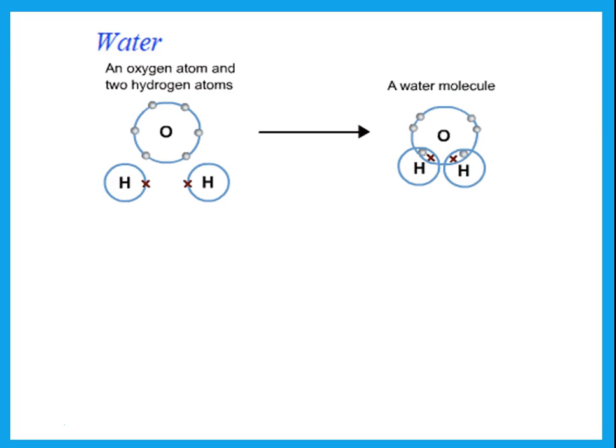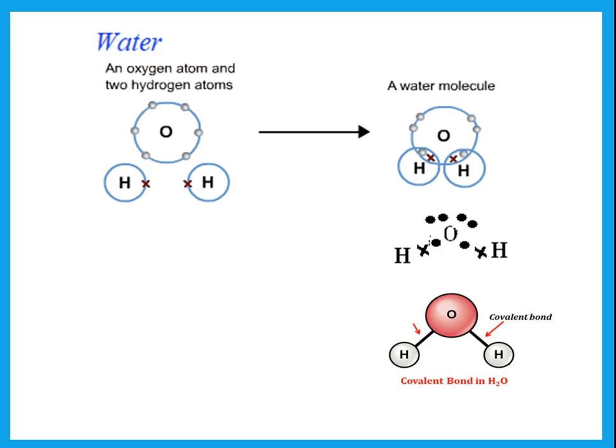So you draw it either with circles or without, so long as you have only 1 pair of electrons between oxygen and hydrogen, 1 from the oxygen and 1 from the hydrogen, and the same for the other bond. And then I still have the rest of the 6 that belong to the oxygen. I need to put them in to indicate that they are not being shared between the oxygen and the hydrogen. Do we understand that? Okay.